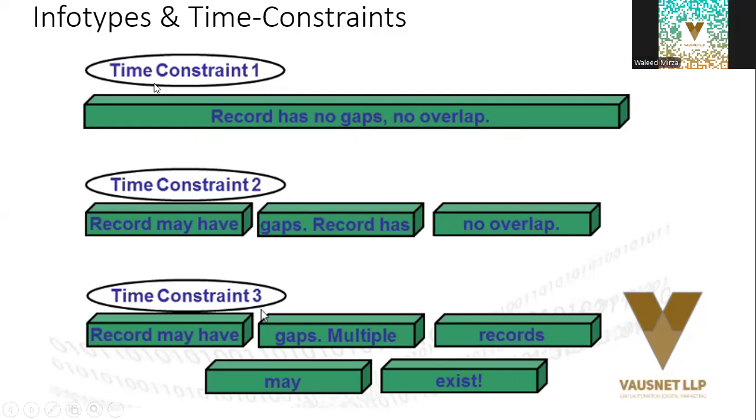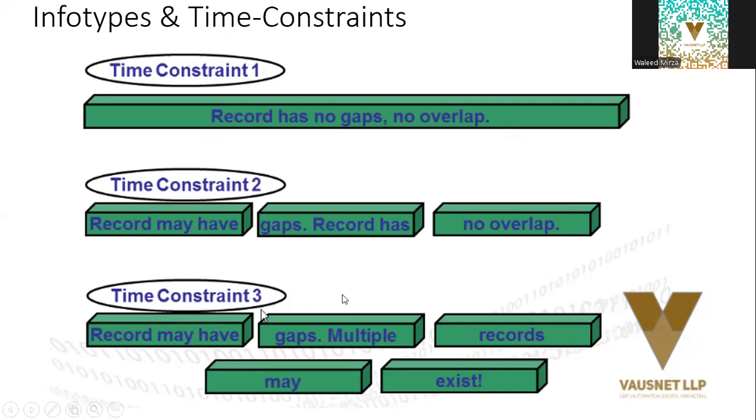Like, for example, category one has no gaps. It's like your education, 16 years or 14 years of education, it will have no gaps. Time constraint two, it's like having records that will have gaps, like change of jobs or taking a break from your jobs, from assignments and projects, or any freelancing mode, it can have gaps.